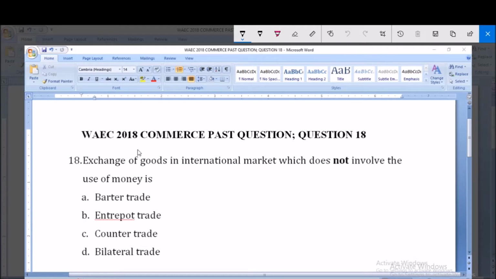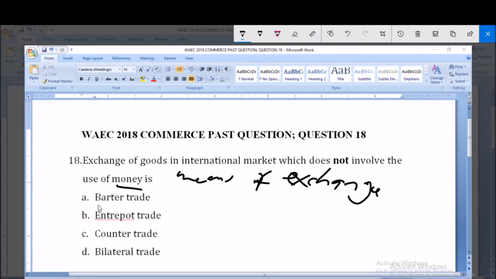Question number 18 says: exchange of goods in international markets which does not involve the use of money. That is when buyer and seller do not make use of money as a means of their exchange is dash.